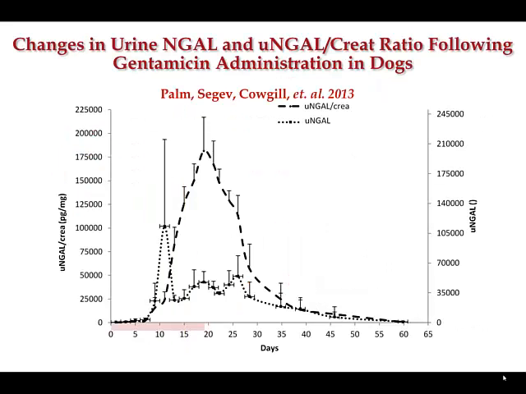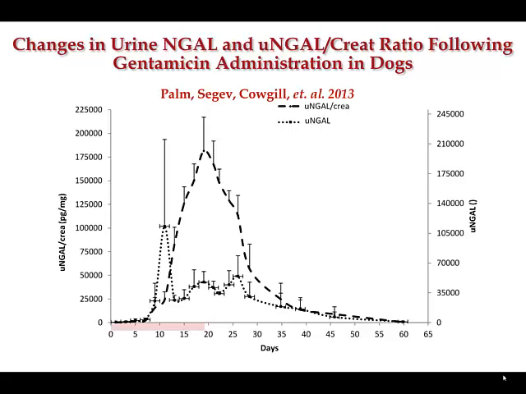But when we look at urinary NGAL, this is now the same group of dogs, so this is the collective data from all of these dogs when we compare to creatinine, which is this curve. Again, urinary NGAL came up, and we're going to expand this range because with this scale, it doesn't look like there's much going on here.